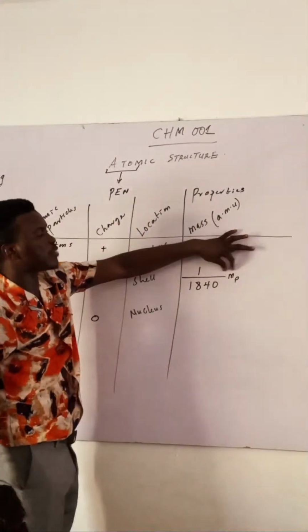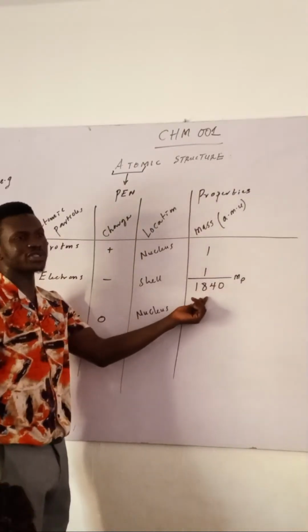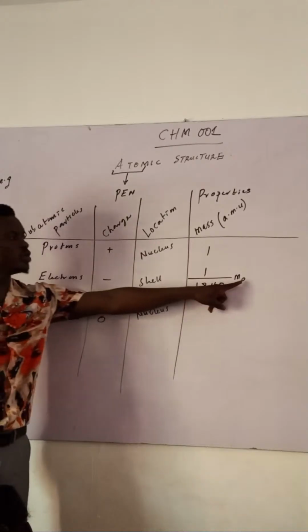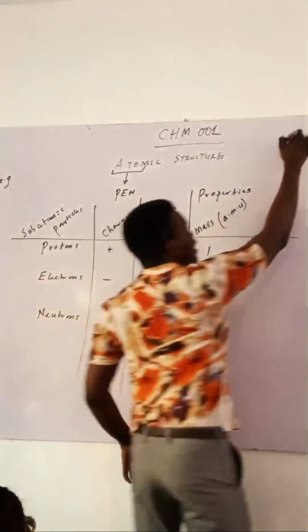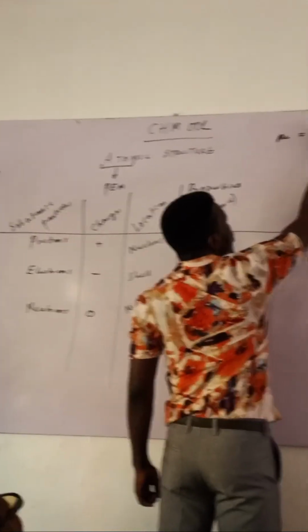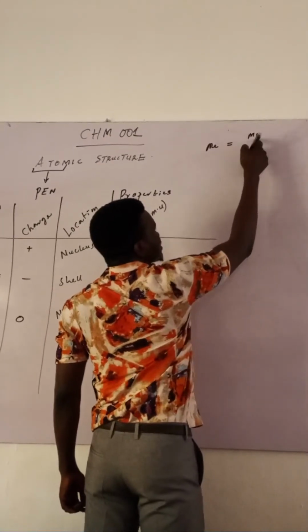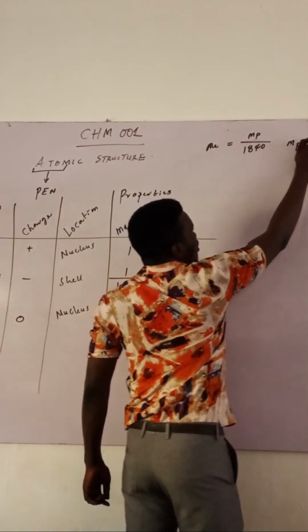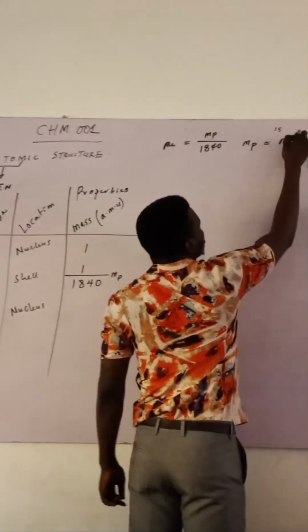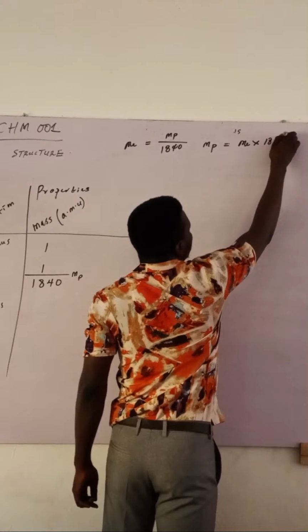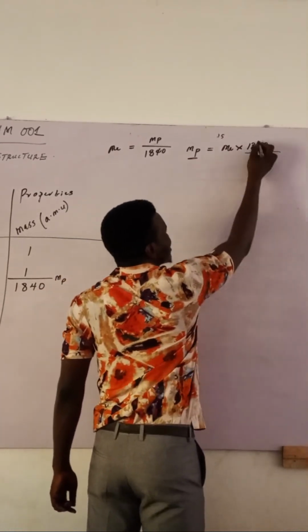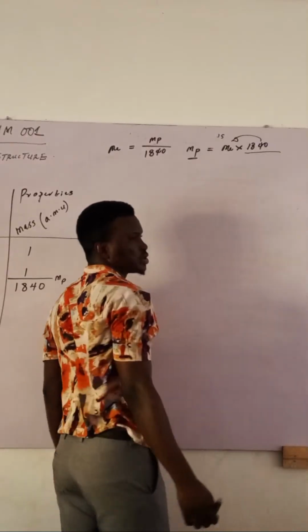Imagine whatever proton is, divide it by 1840. That shows the mass of electron. So if I say the mass of electron is equal to 1/1840 of the mass of proton, that means the mass of proton is 1840 times greater than the mass of electron.